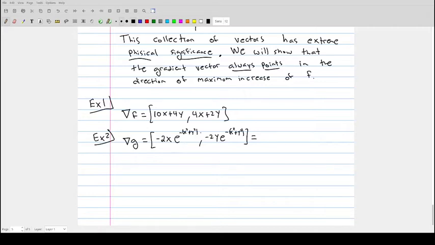This is the same thing as the vector negative 2x, negative 2y multiplied by the scalar function e to the negative x squared plus y squared. This is just a simpler way of writing this gradient.